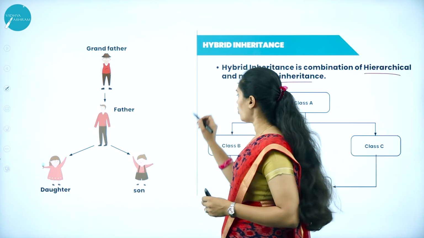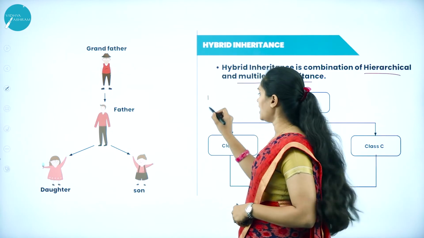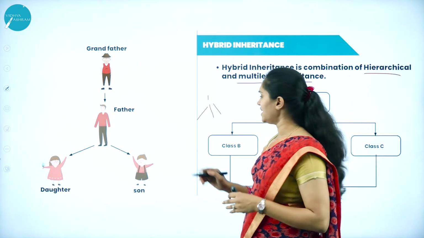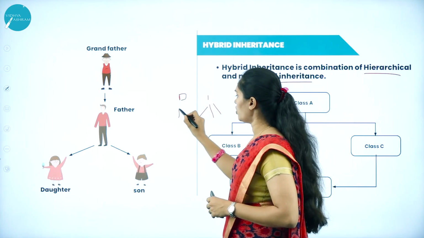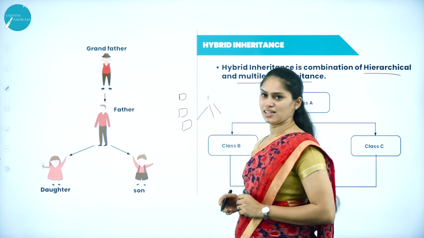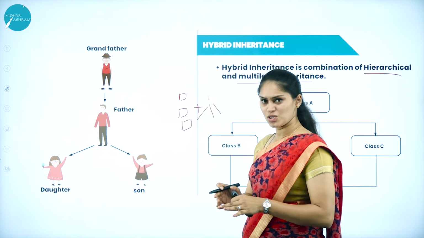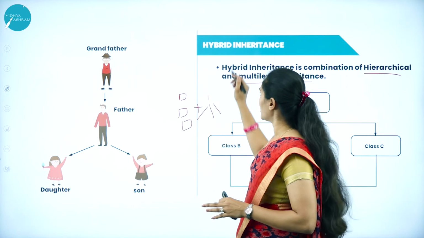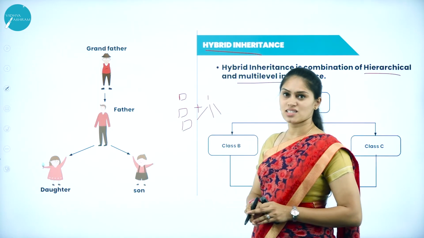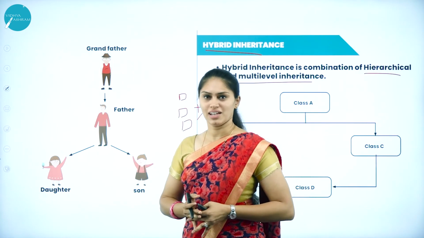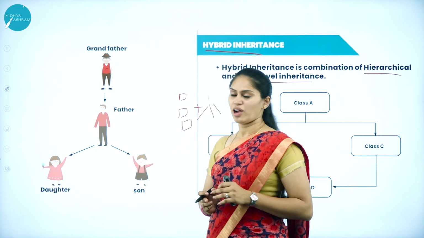Hierarchical in the sense that only one base class is there and that will be derived into a number of derived classes. And multi-level in the sense that there will be more than one level of inheritance. So if I add these two, or if I collaborate these two, then I am going to get this hybrid inheritance. Or it could also be a combination of any other types of inheritance. Okay, that you have to remember.